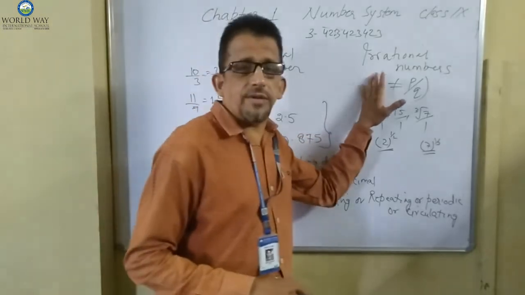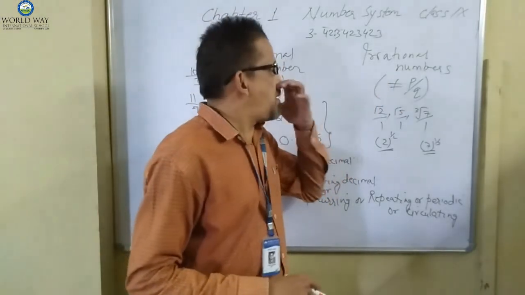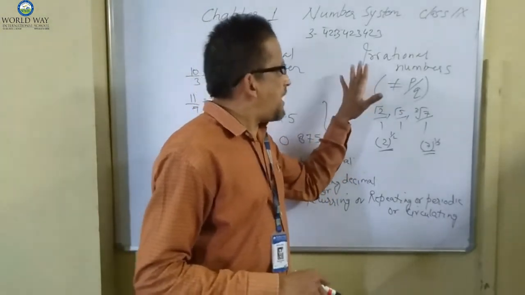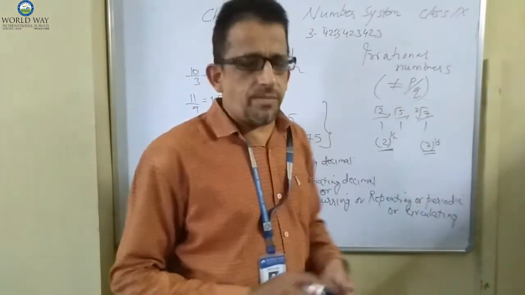Now we come to the decimal representation of irrational numbers. The decimal representation of irrational numbers is only one type.